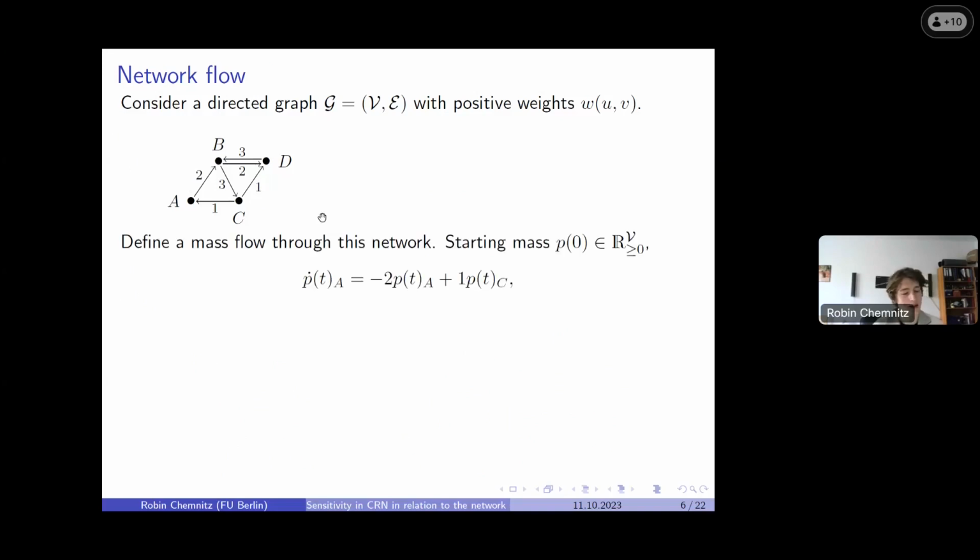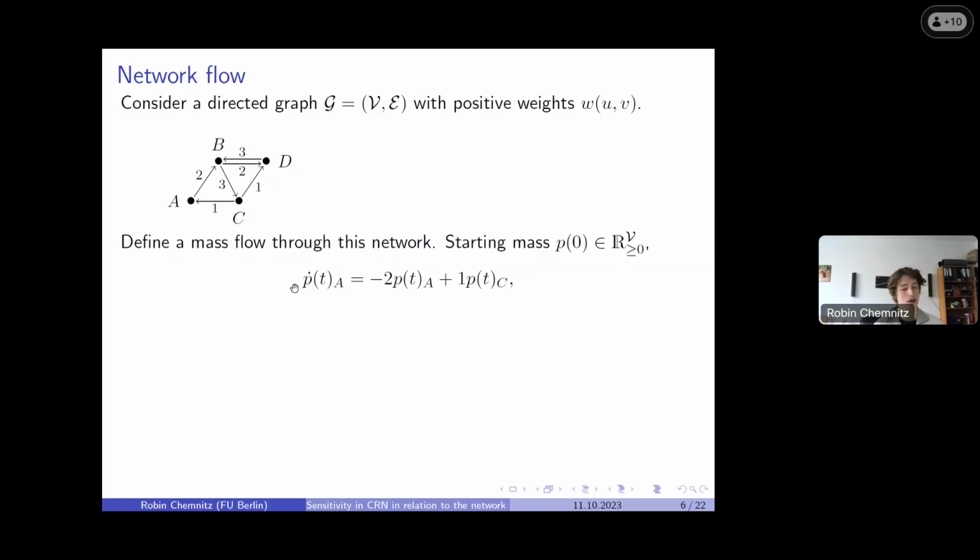And we can define a dynamic on this network. We have some starting mass, which is a vector that assigns to each of the nodes a non-negative mass. I will, like always, write my vectors and matrices with the dimensionality of the vertices. So this is a vector of size the number of vertices. The order can be determined however you like.